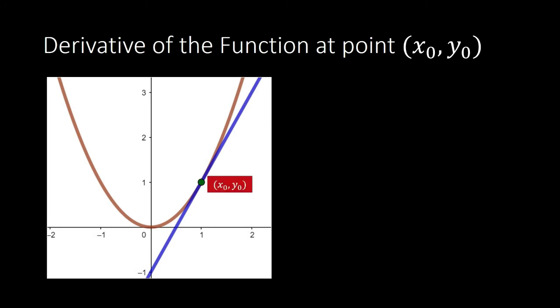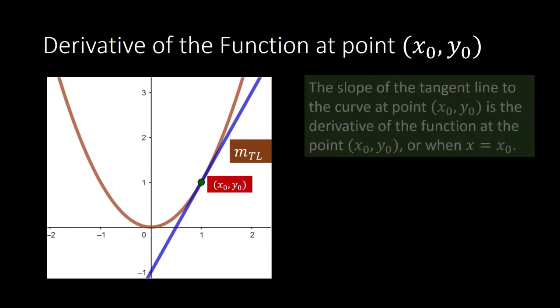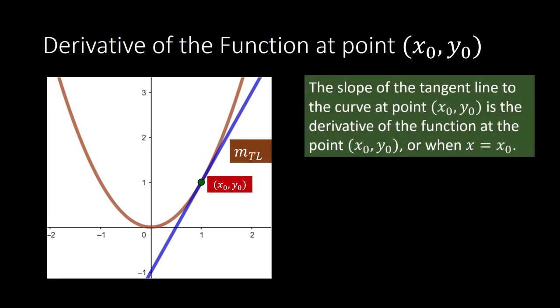So these are the things that we must remember when we are talking about the derivative of the function at point x sub 0, y sub 0. It is the slope of the tangent line to the curve at x sub 0, y sub 0. And you know slopes. Slopes is something that you are comfortable talking about because you heard about slopes as early as grade 7.